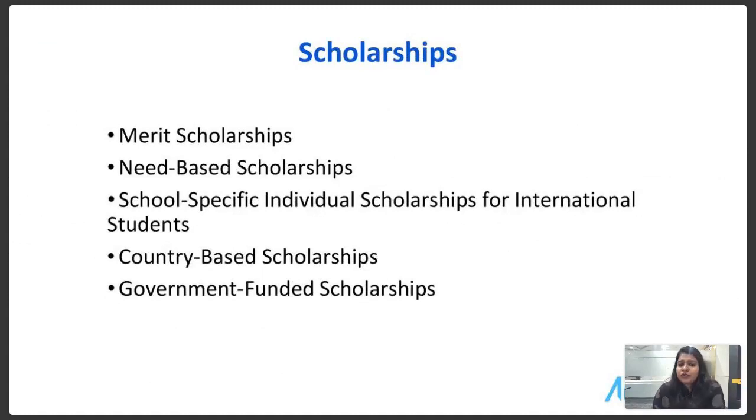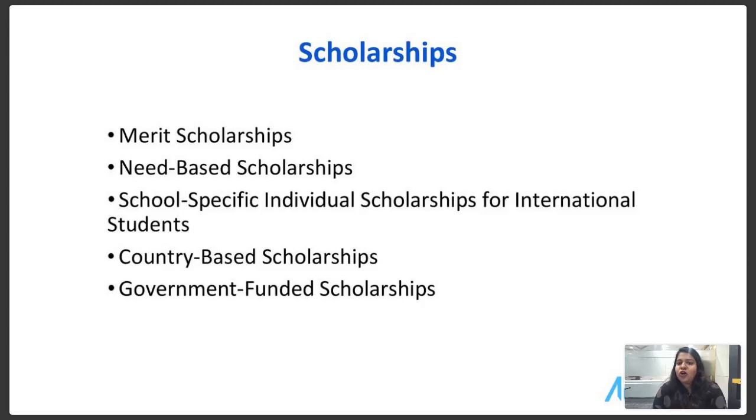When it comes to scholarships, there are so many scholarships available for international students at the university and outside the university. Keeping in mind the scholarship criteria for students inside the university, the first and foremost and the most popular, with the highest number of scholarships available, is the merit based scholarship.